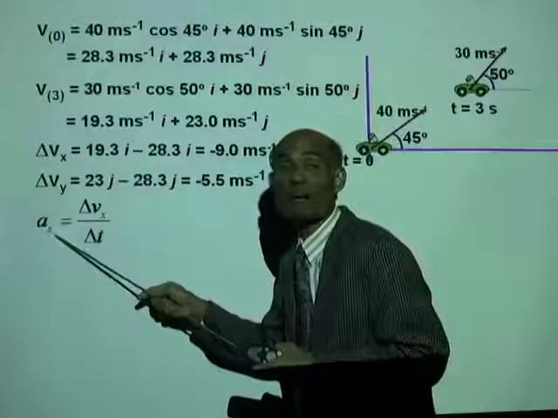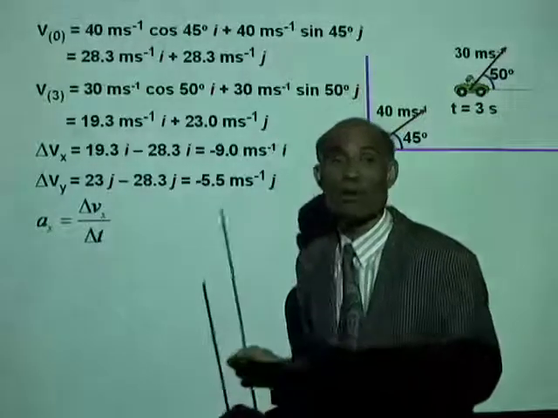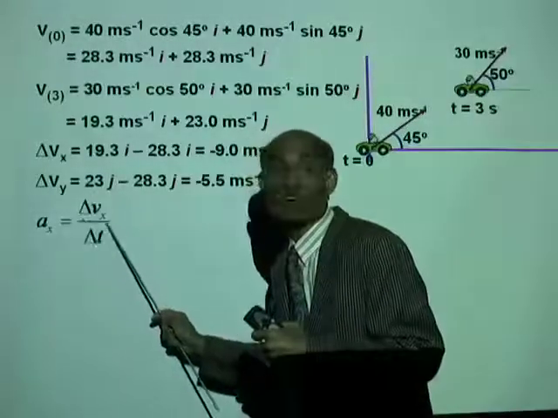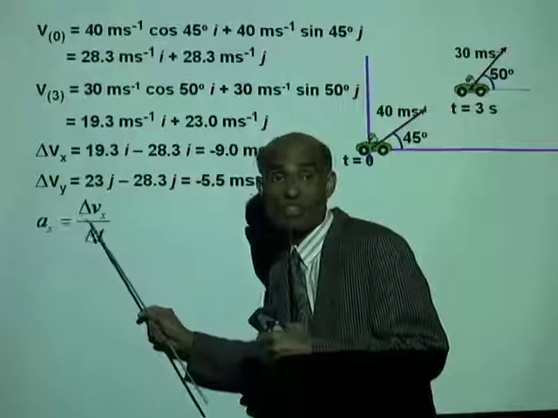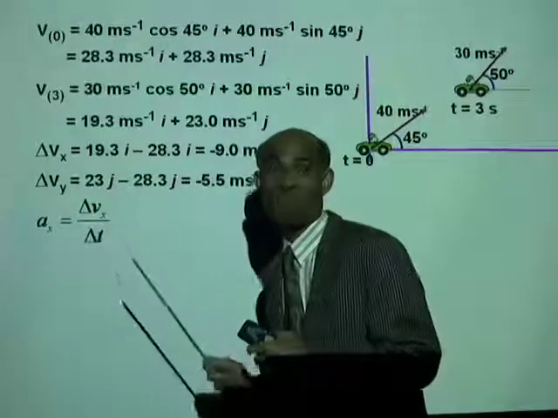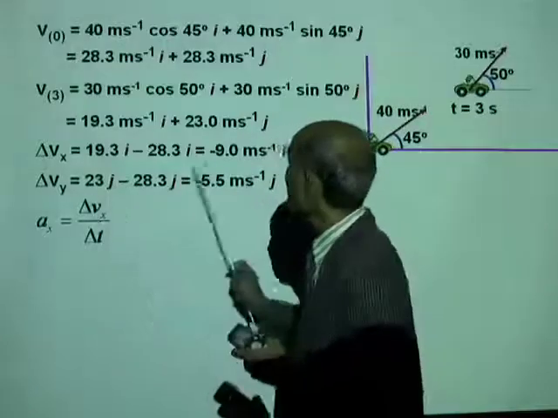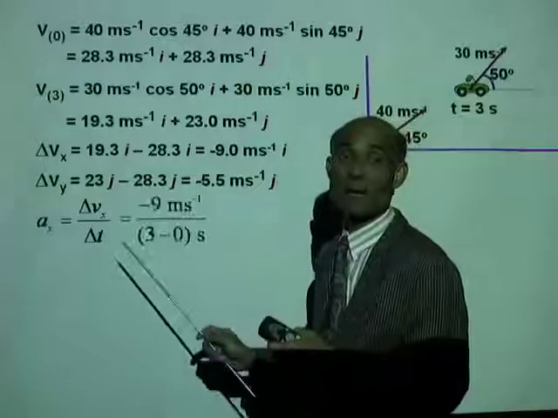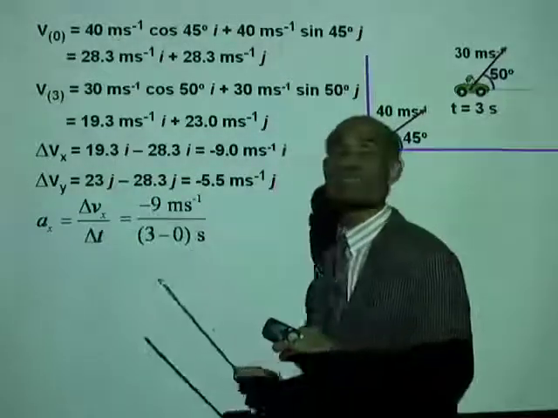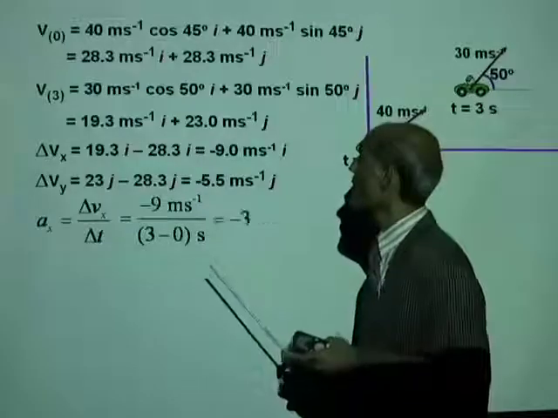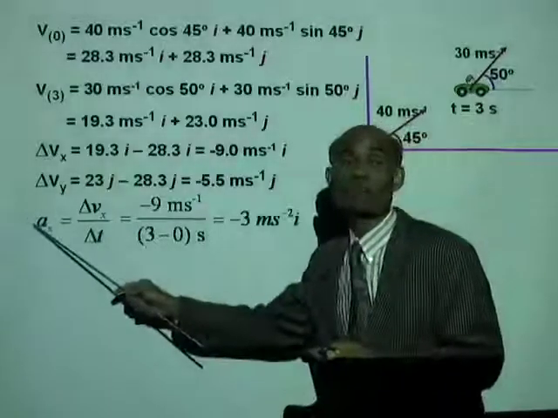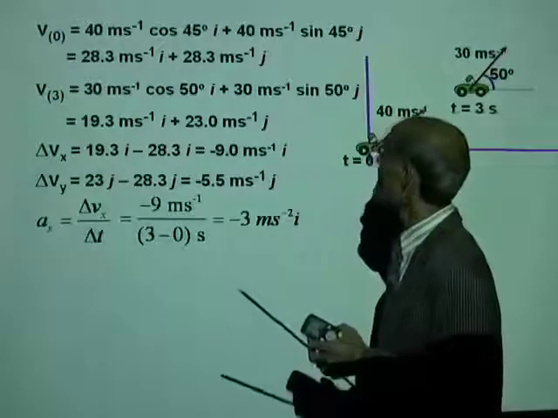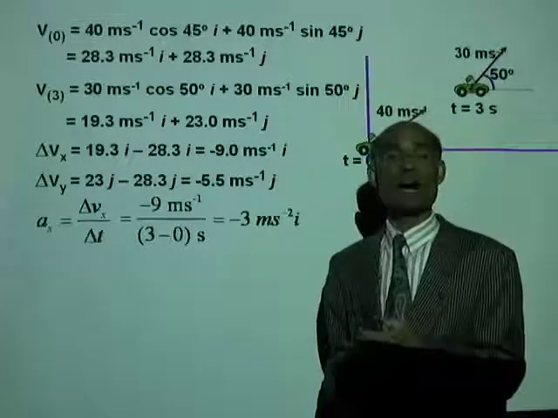So a sub x, what does a sub x stand for? Acceleration in the x direction is the change in velocity in the x direction divided by delta t, and delta Vx is negative 9 meter per second i, and delta t is 3 seconds, and so a sub x, the x component of the acceleration, is negative 3 meter per second squared i.